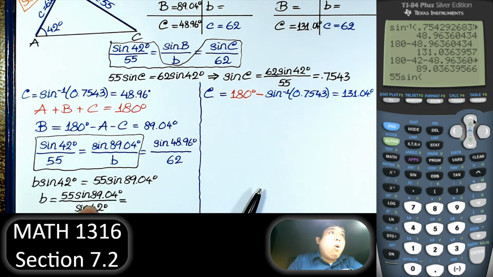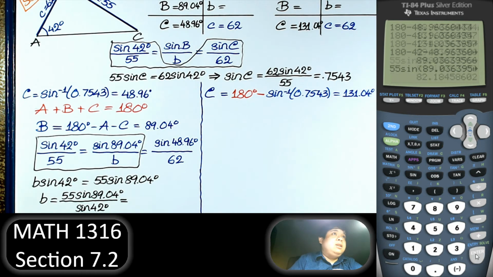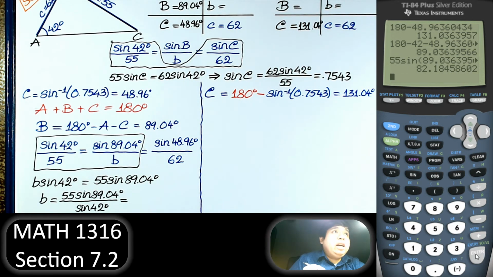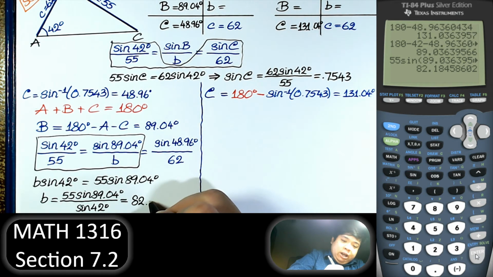Actually, I have those values, so just copy and paste those numbers. If your calculator cannot do that, you have to copy the whole numbers, to make sure that the more decimal places, the more accurate answer we have. And we only round anything at the end. 82.184 something. So again, I will round at the end. 82.18.